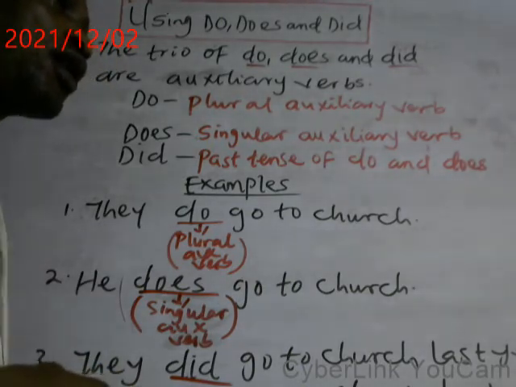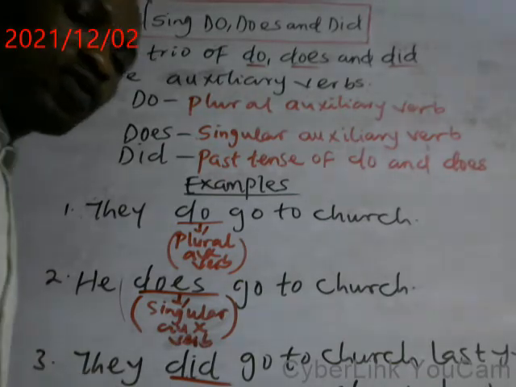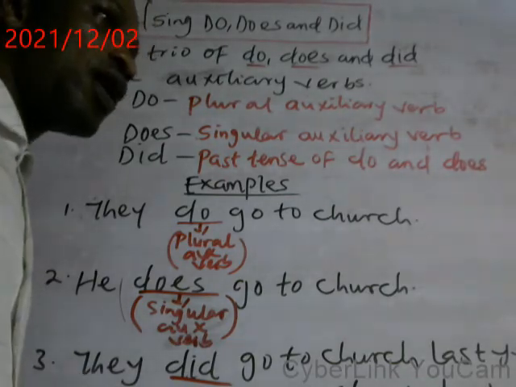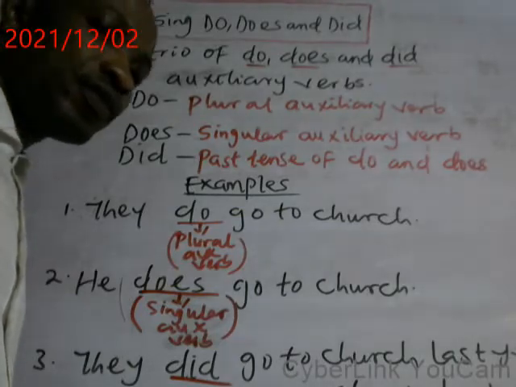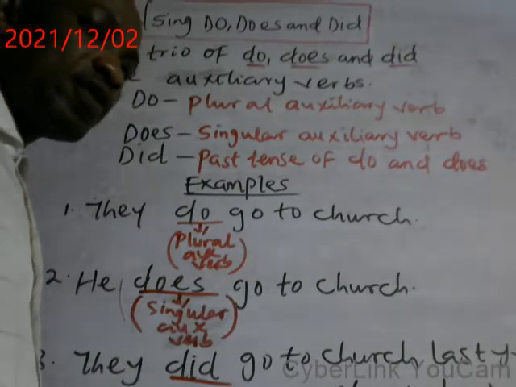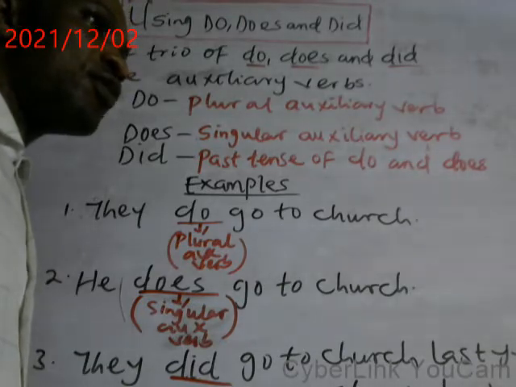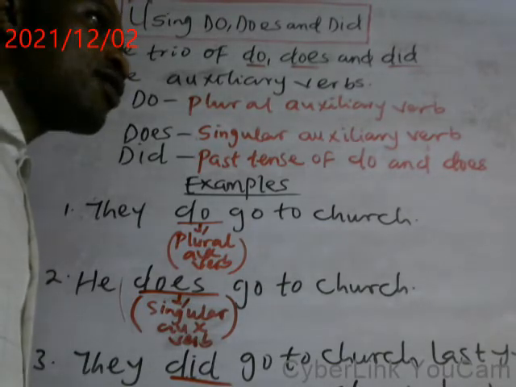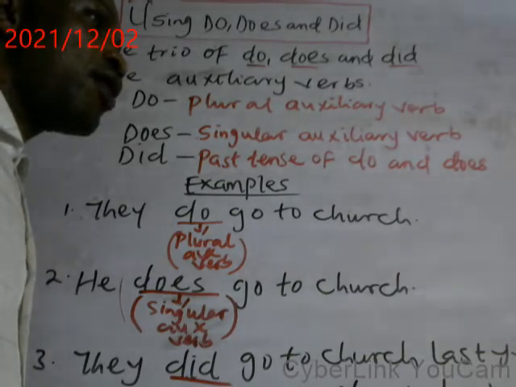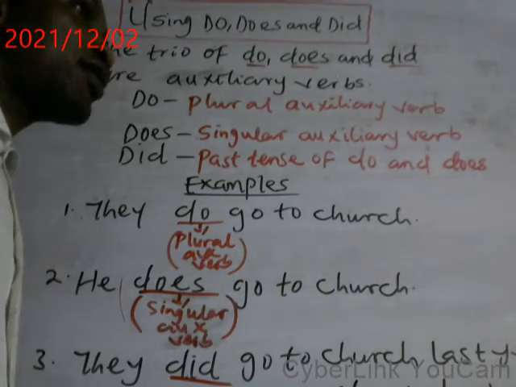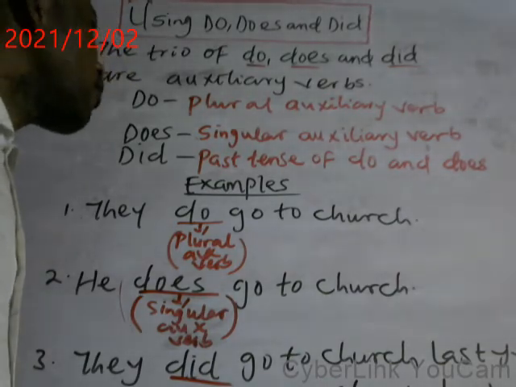Now, having established that do is a plural auxiliary verb, it then means that when you have a plural subject, that is when you are allowed to use do as auxiliary verb. Okay?